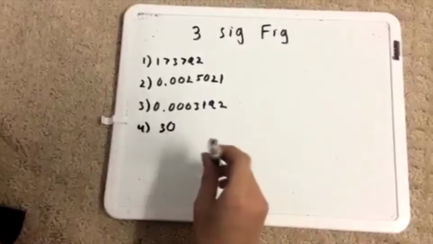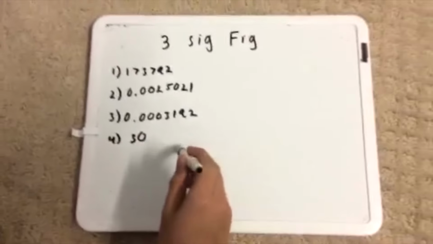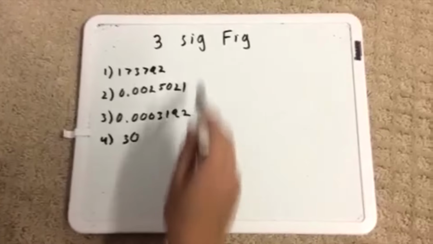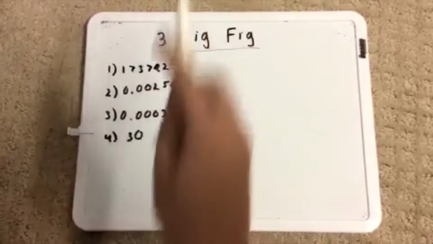So for these problems, you want to round so that the number will only come out to 3 significant figures.